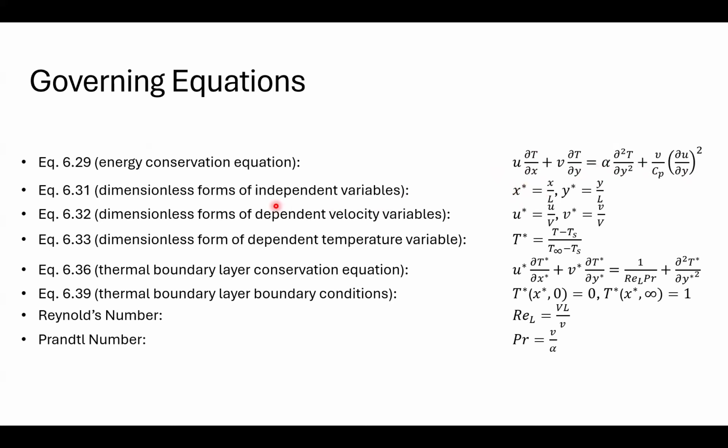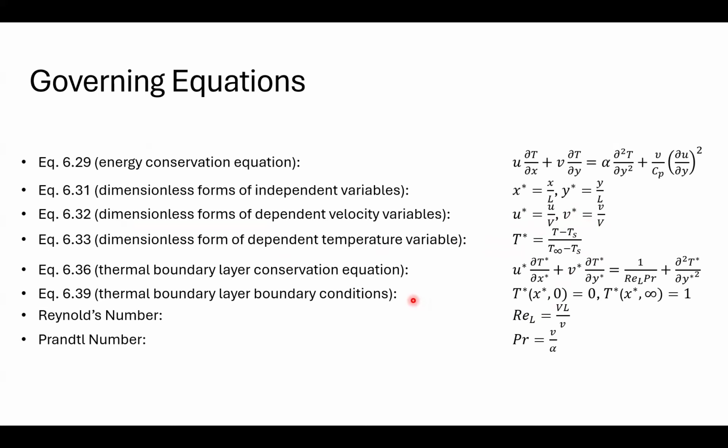We're also given the dimensionless forms of our independent variables, x and y. Equations 6.32 and 6.33 show the dimensionless forms of our dependent variables, including the velocity components in the x and y directions, as well as our dimensionless temperature. All of the dimensionless variables are denoted with a little star.